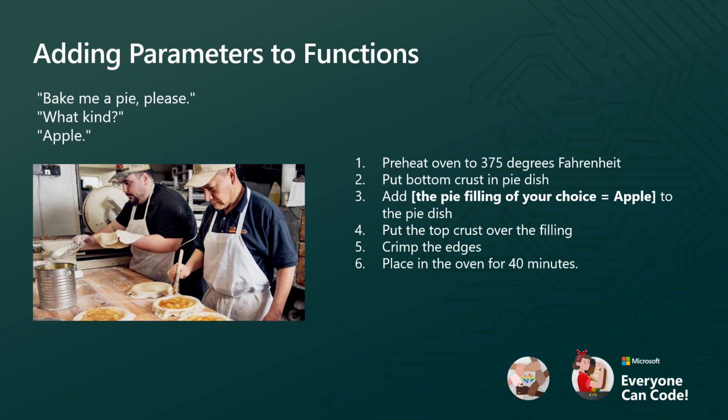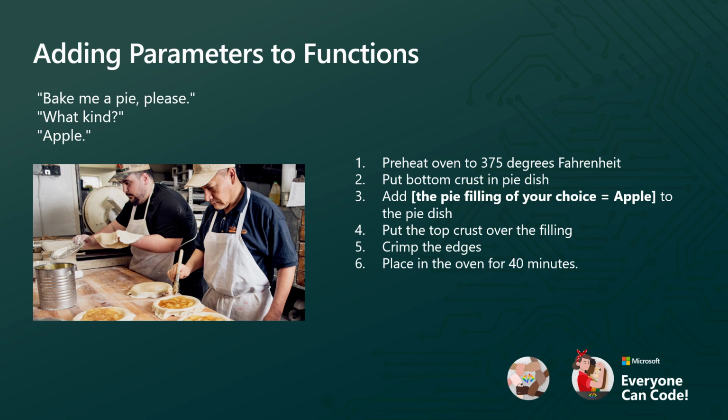And again, this is just like making a recipe. Imagine we're having this conversation. Your boss, the manager of the bakery, comes up to you and says, bake me a pie, please. And you say, what kind? And he says, apple. All right? So what he's done is he passed you the pie name parameter, and you're going to fill that with apple. So we are going to preheat the oven to 375 degrees Fahrenheit.